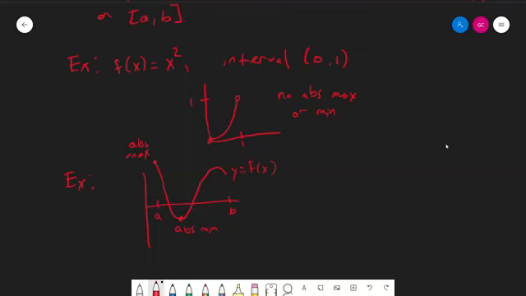So we have a continuous function on a closed interval, and it does indeed have a minimum and a maximum. Now that we know by the extreme value theorem that such a maximum and minimum exists in a case like this, the question becomes, how do we actually find that maximum and minimum? In order to look into that, next time we'll talk a little bit more about finding local maxes and mins first.